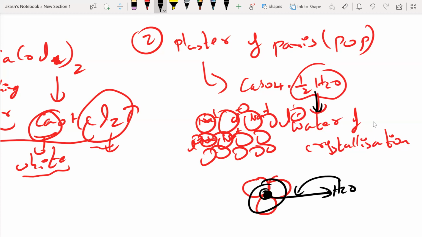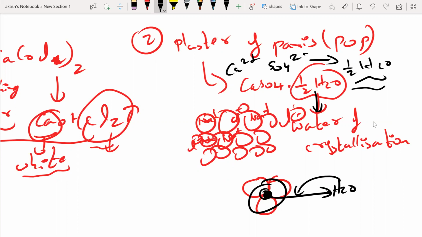So basically what you understand from this is that if I have one Ca2+ ion and one SO4 2- ion, for every one Ca2+ and every SO4 2-, I have half a molecule of H2O. Not sitting in between exactly, but you can understand that the voids or empty spaces are such that I have half a water molecule present.